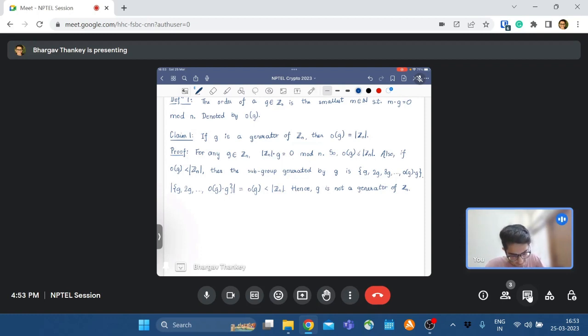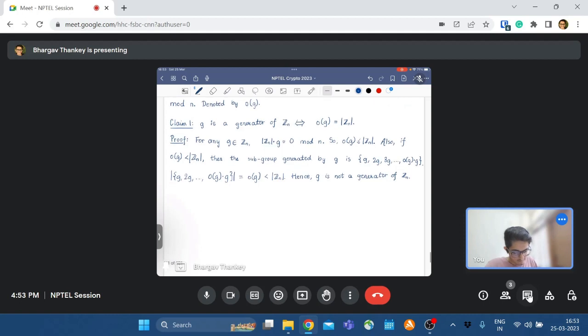So let me modify this statement: g is a generator of Zn if and only if... So far what we have shown is that if g is a generator, then its order is the size of Zn. Now let's see the other direction.